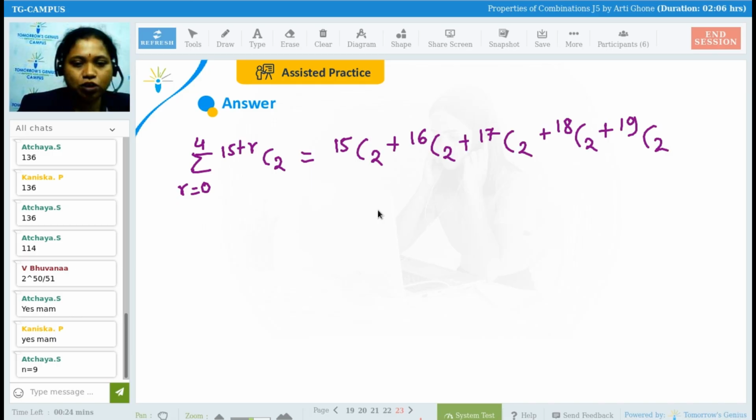Clear? You are able to solve this with the property. Solve and tell me the answer. The same property is applicable: nCr plus nCr minus 1 is equal to n plus 1 Cr.